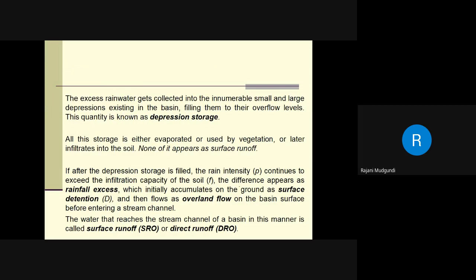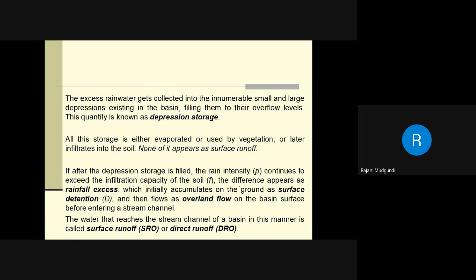The excess rainwater, after all these abstractions, after all these losses, will get collected into innumerable small and large depressions and ditches existing in that basin, filling them to their overflow levels or filling them completely. This quantity is known as depression storage. So whenever there are ditches and depressions to completely get filled up, the water which is utilized is the depression storage.